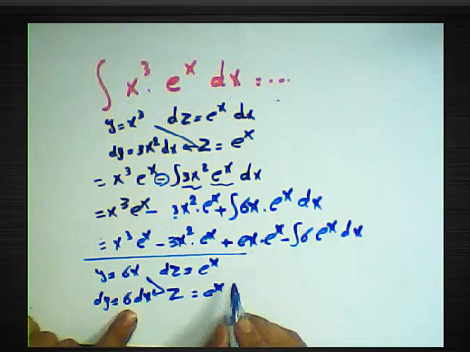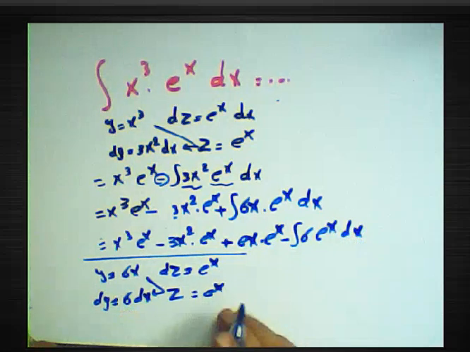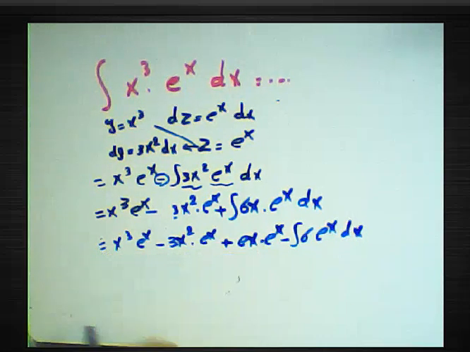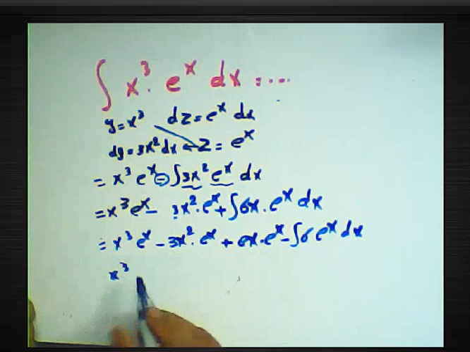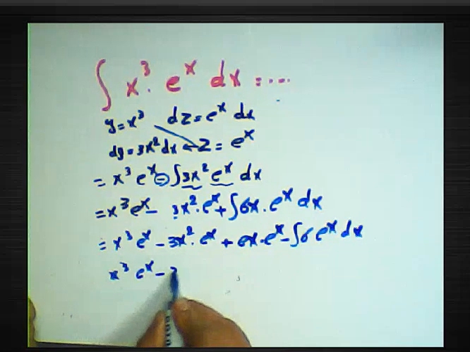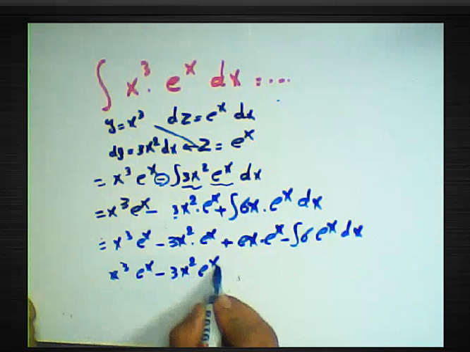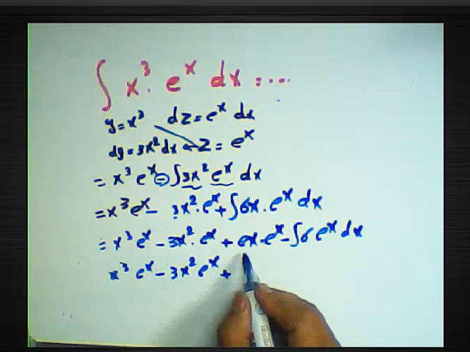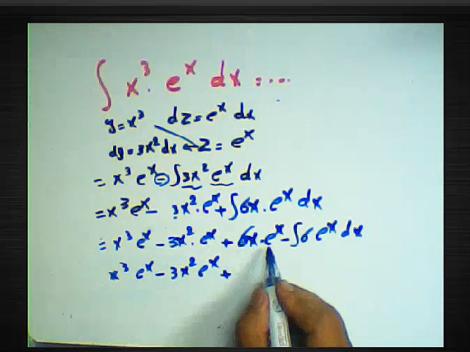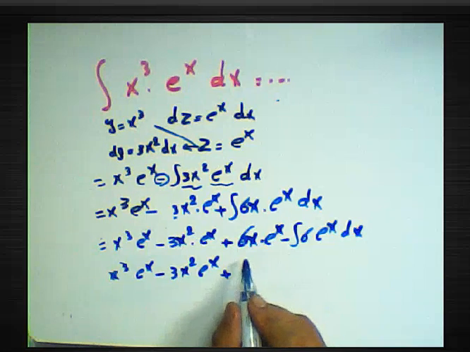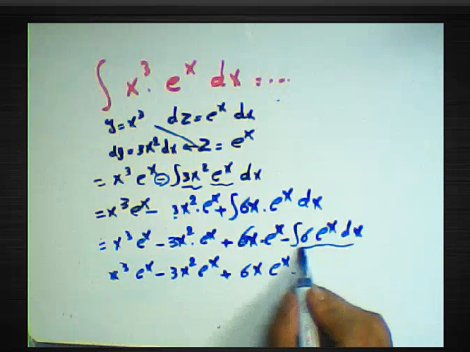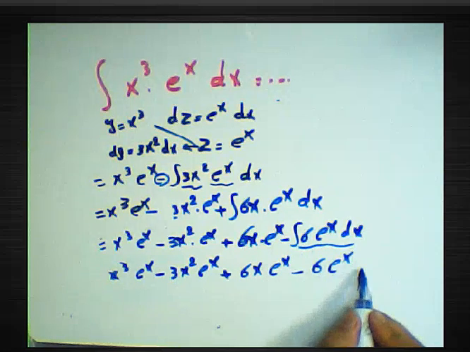And this function here we can write x^3 e^x, subtract 3x^2 e^x plus 6x e^x, subtract the integration of this function, which will be 6 e^x.